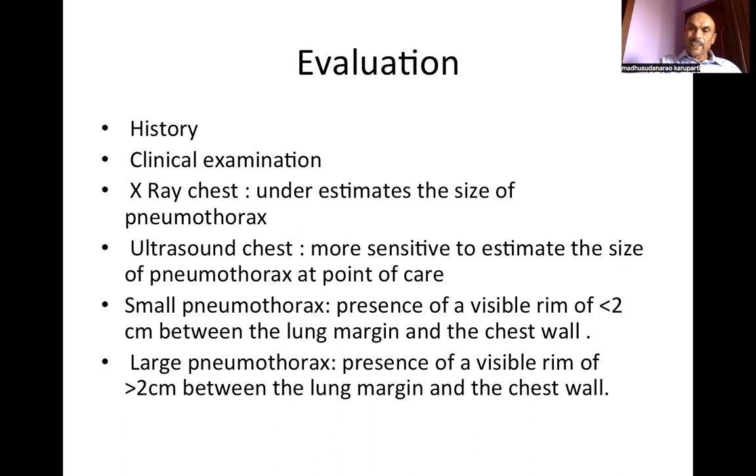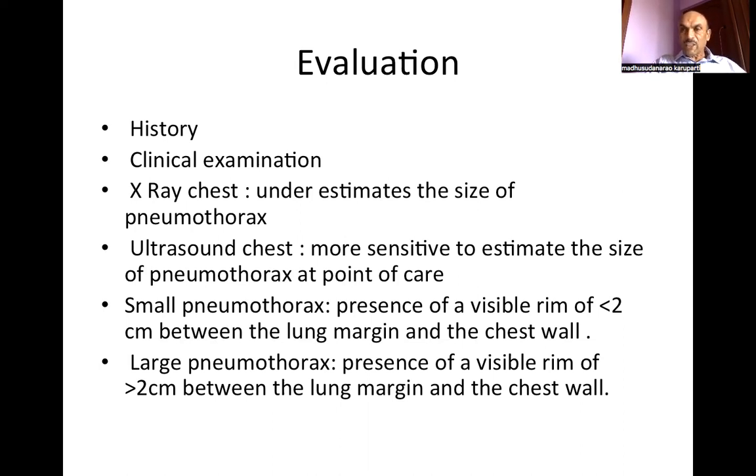Then go for the detailed clinical examination. Examine the vitals, take the vital data: respiratory rate, heart rate, blood pressure. The patient with tension pneumothorax who presents to the emergency may have severe respiratory distress, tachypnea, tachycardia, low blood pressure, raised JVP, right?